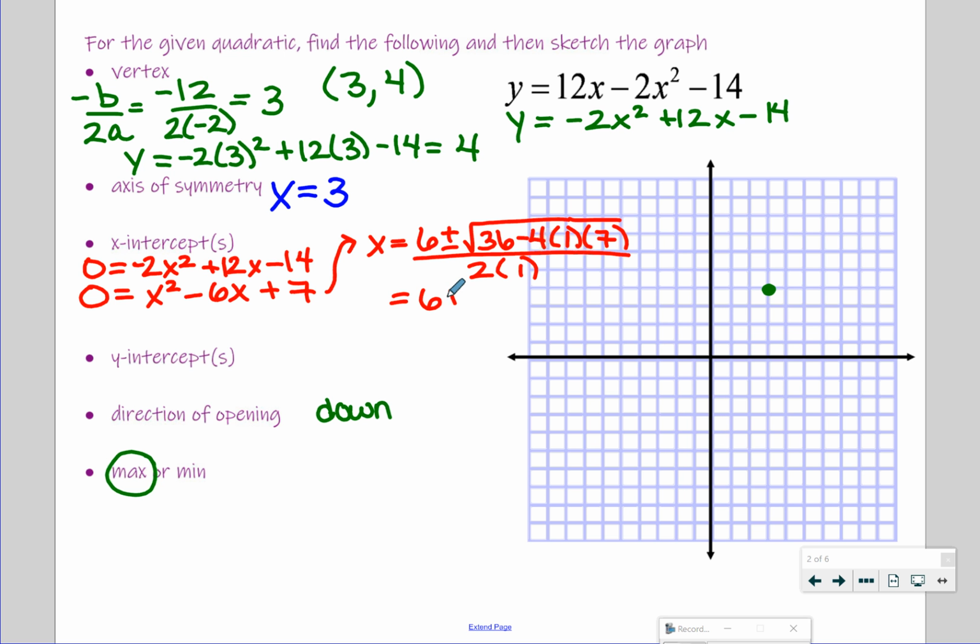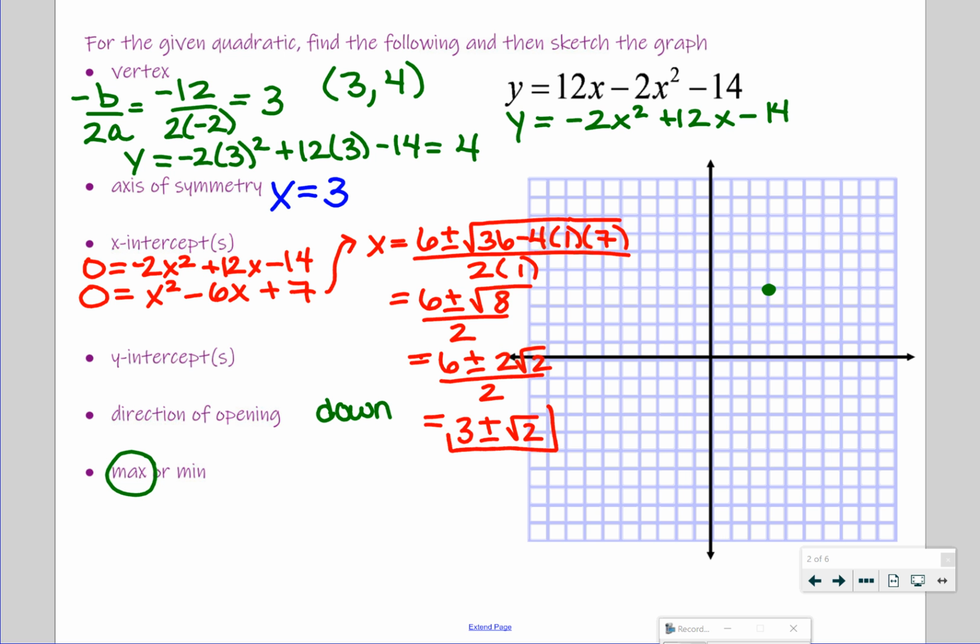So I'm going to have 6 plus and minus the square root of 36 minus 28, which gives me 8, all over 2. I can break down that radical a little bit more. 8 is 4 times 2, so 2 square root 2 over 2. And then you can see all of my whole numbers there are divisible by 2. So 3 plus and minus 1 radical 2 all over 1.